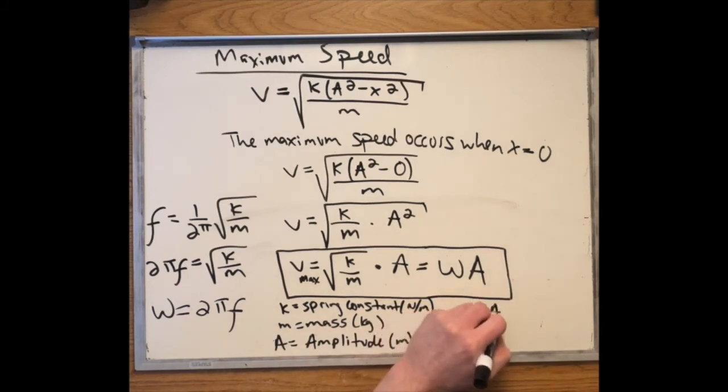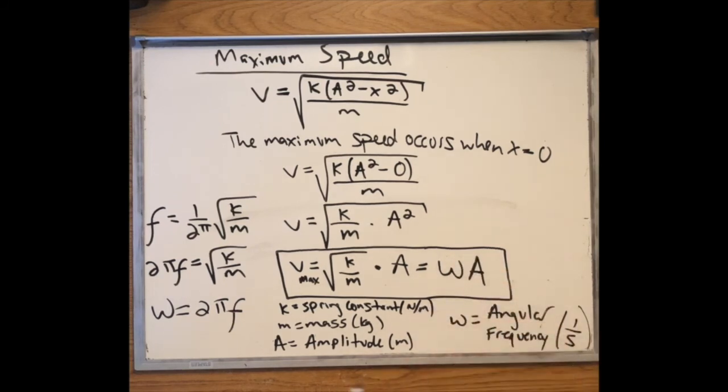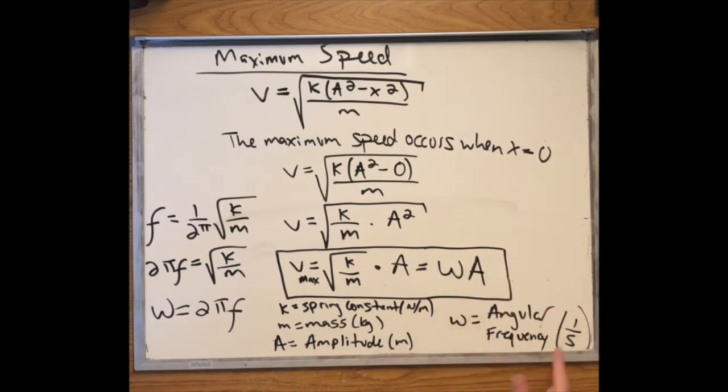And omega is what we've been referring to as the angular frequency, which has units that we treat effectively as an inverse second. So notice this makes sense because amplitude is measured in meters, angular frequency is measured in an inverse second. Really, it's like a radian per second, but remember the radian is not like a real unit. And so we get meters times 1 over seconds, or meters per second.